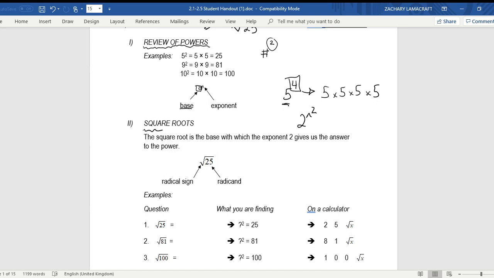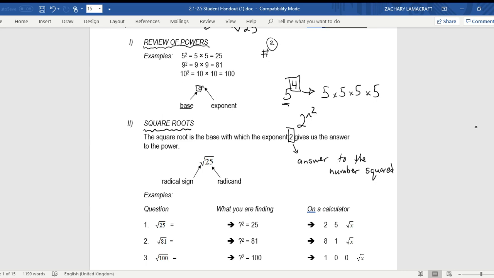Then we look at square roots, okay? So the square root is the base with which the exponent 2 gives us the answer to the power. So basically, this is the answer to the number squared, okay?